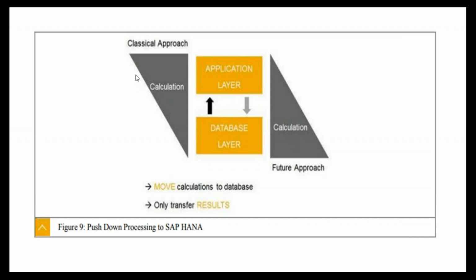Whereas in the HANA platform, the code will run on the database layer. So we are shifting the load from the application layer to the database layer. The calculations are all done in the database layer, and we just present that data on the screen. So we're reducing the load on the application, and we're increasing the load on the database layer.